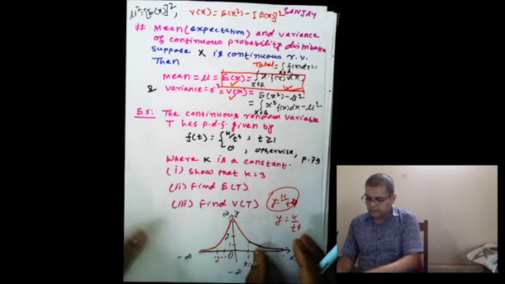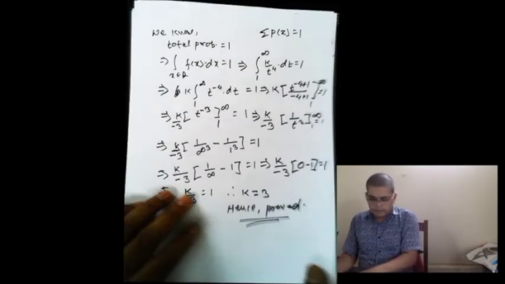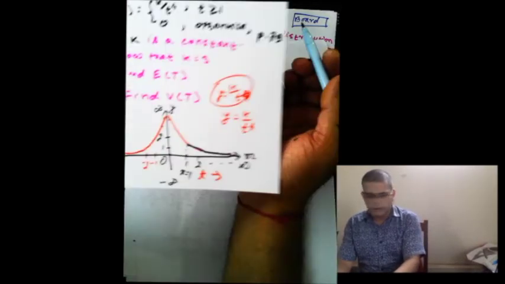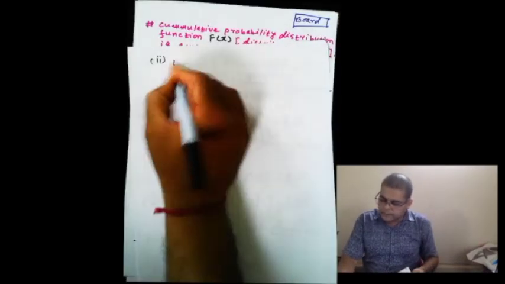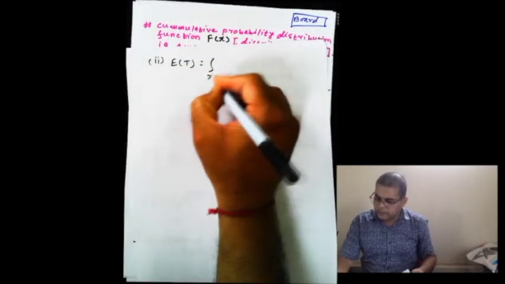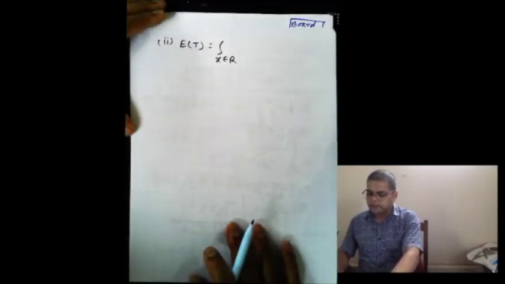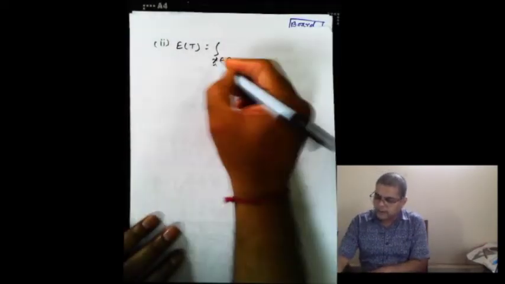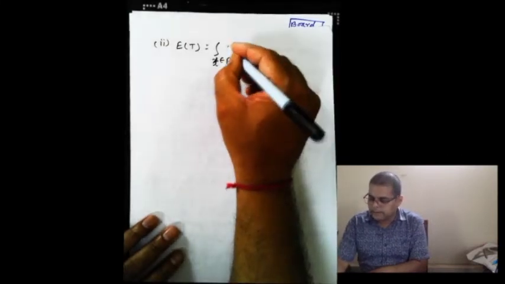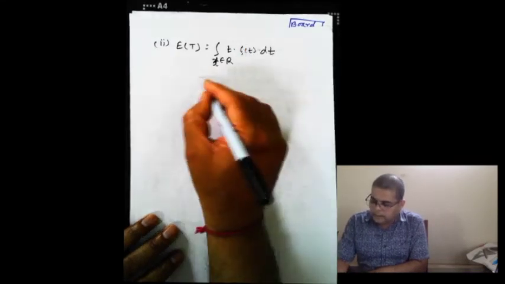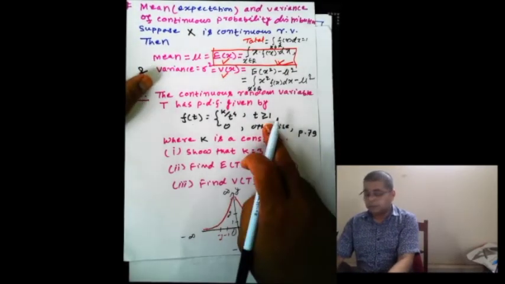So in question number 2, you have to find the expectation of t. Here the expectation of t equals the integral over t belongs to R, as t is the random variable in place of x, of t times f(t) dt. In this graph you can see that t starts from 1, greater than or equal to 1, meaning t goes from 1 to infinity.